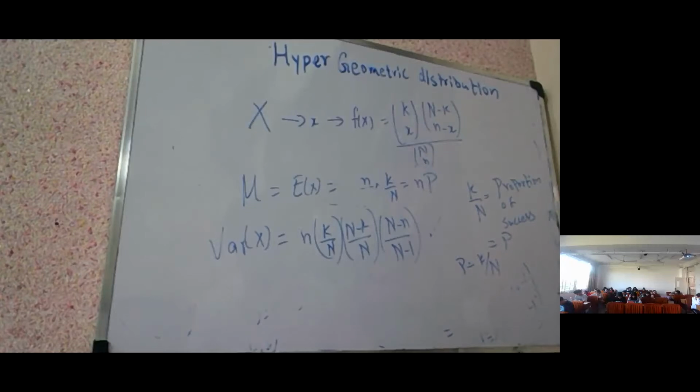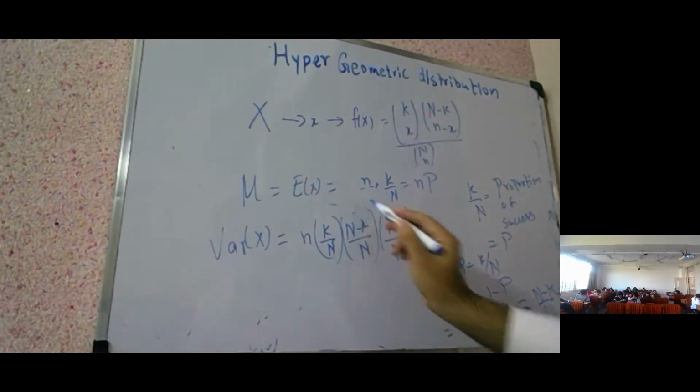Yes, I can write. So what is Q? Q is 1 minus P, right? Which means 1 minus k upon n, which means n minus k upon n, right? So which is this term, right?